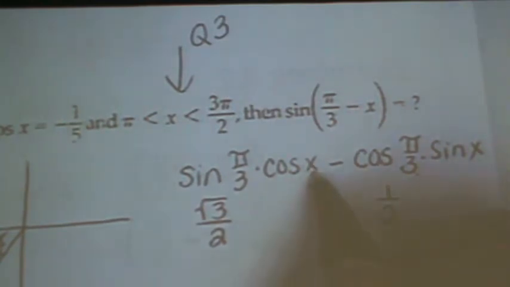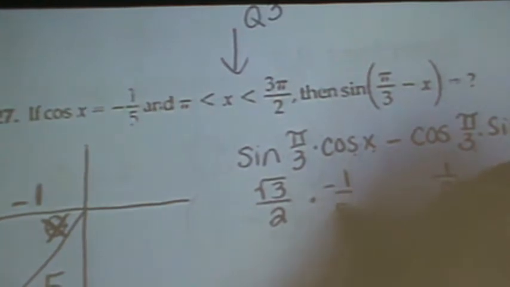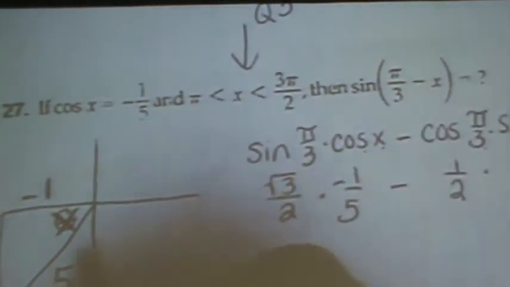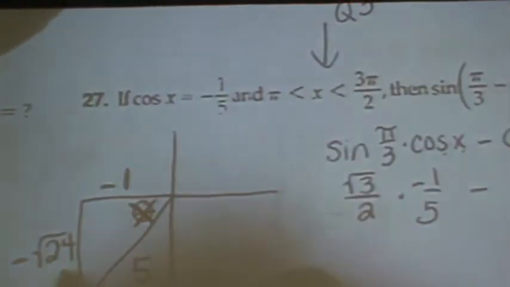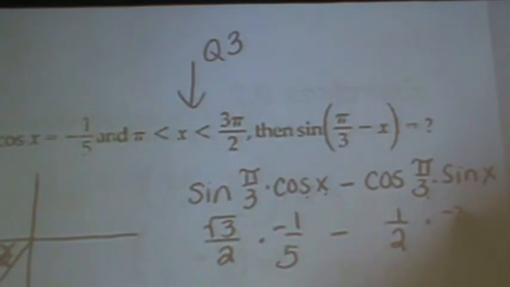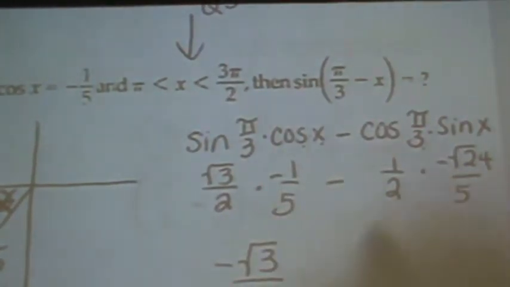So when we're talking about this angle, what is the cosine of this? It's actually given to you as -1/5. And then this one, we have to figure it out based on this. This would be negative root 24 over 5. So multiply across, you get negative root 3 over 10. These are some nasty answers.